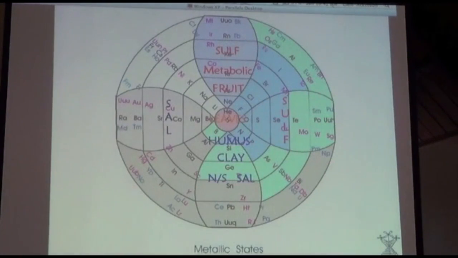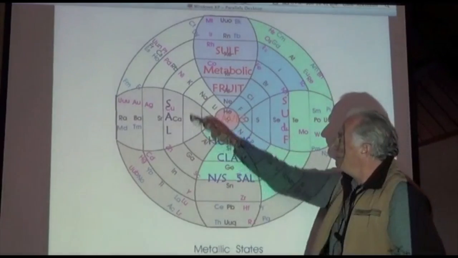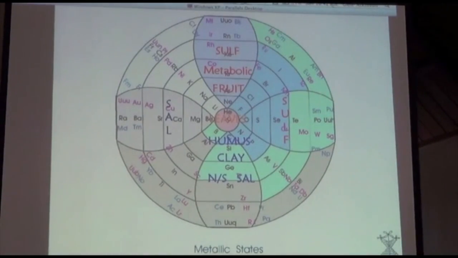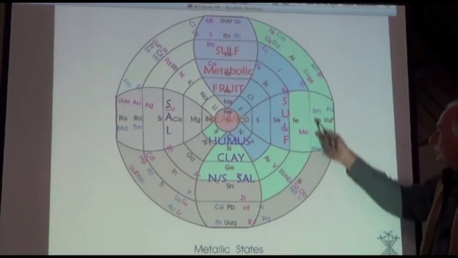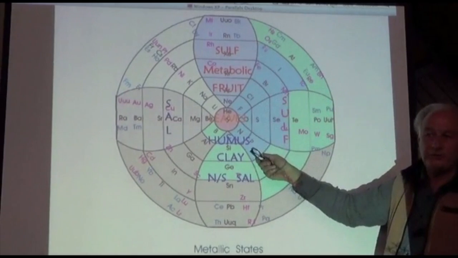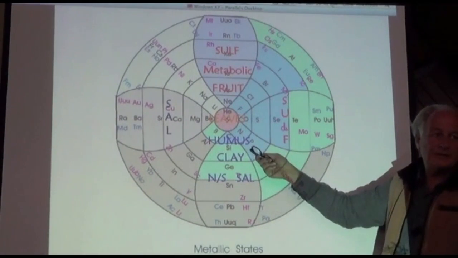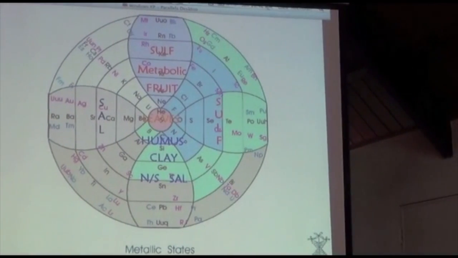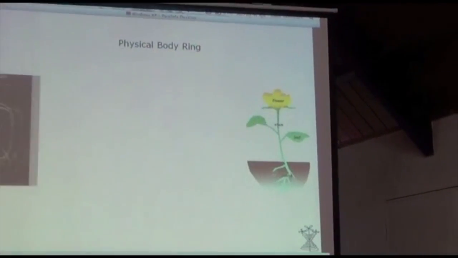So what I'd like to do now is pick up this circle. In our story, this is the spirit circle, this is the astral circle, this is the etheric circle, this is the physical circle. So these are the elements of the physical body. So we're going to pick them up and we'll just take them to the next step.